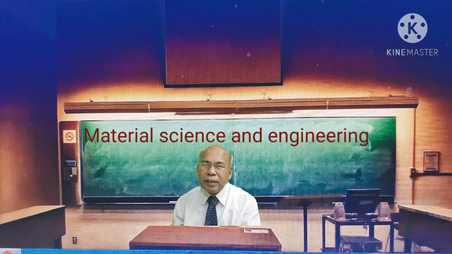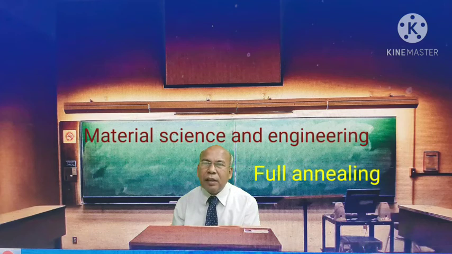For softening purposes, the annealing process is performed. In the annealing process itself, there are different types, maybe full annealing, sub-annealing, normalizing, or spheroidizing, and so on. In the case of full annealing, the metal is heated 50 degrees centigrade above the upper critical temperature, which is specified in the iron carbon equilibrium diagram. Then it's cooled very slowly by switching off the furnace with the article placed inside.